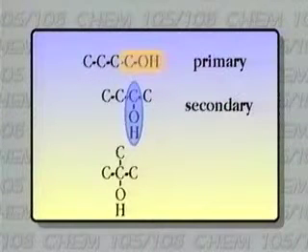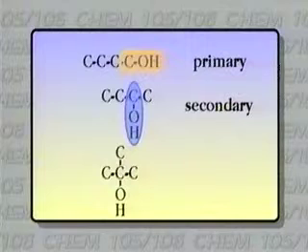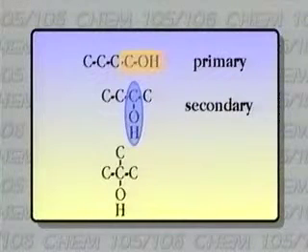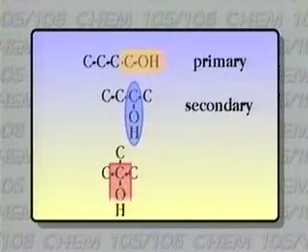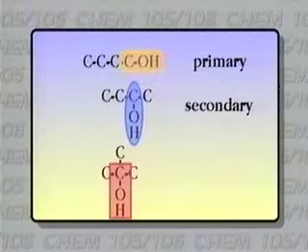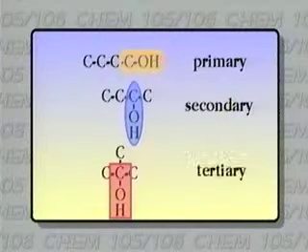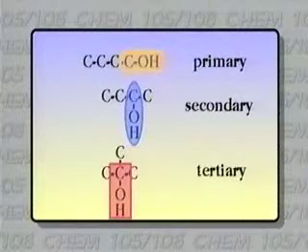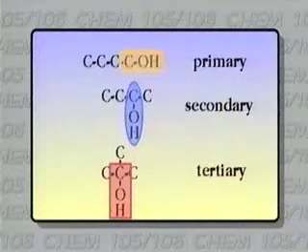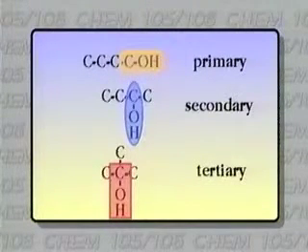And finally, if we have the alcohol attached to a carbon, which is attached directly to 3, notice 1, 2, 3, attached directly to 3 carbons, this is referred to as a tertiary alcohol. So primary alcohols, secondary alcohols, and tertiary alcohols.